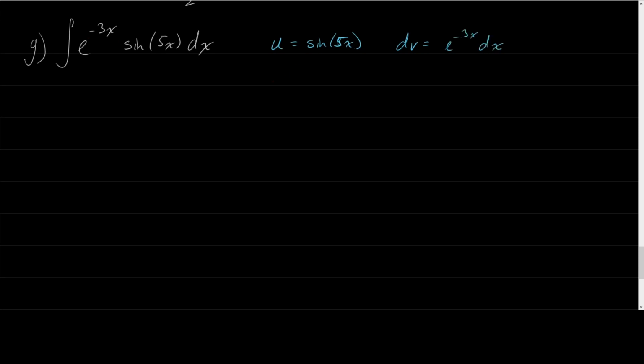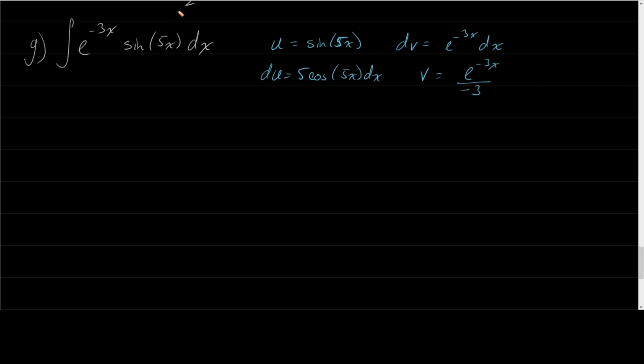And if u is sine of 5x, then du is 5 cosine of 5x dx. And v would be, well, the integral of e to the u is e to the u, so e to the negative 3x, but over negative 3.